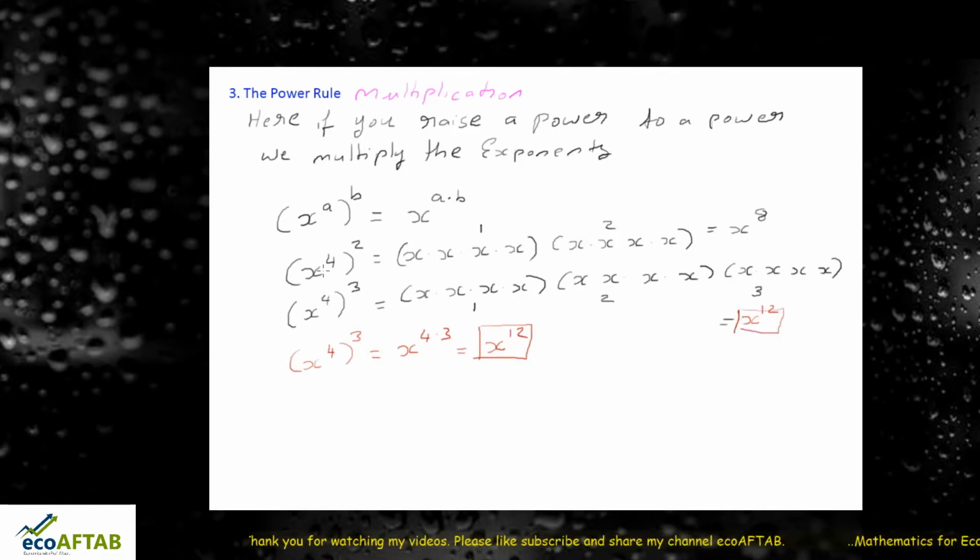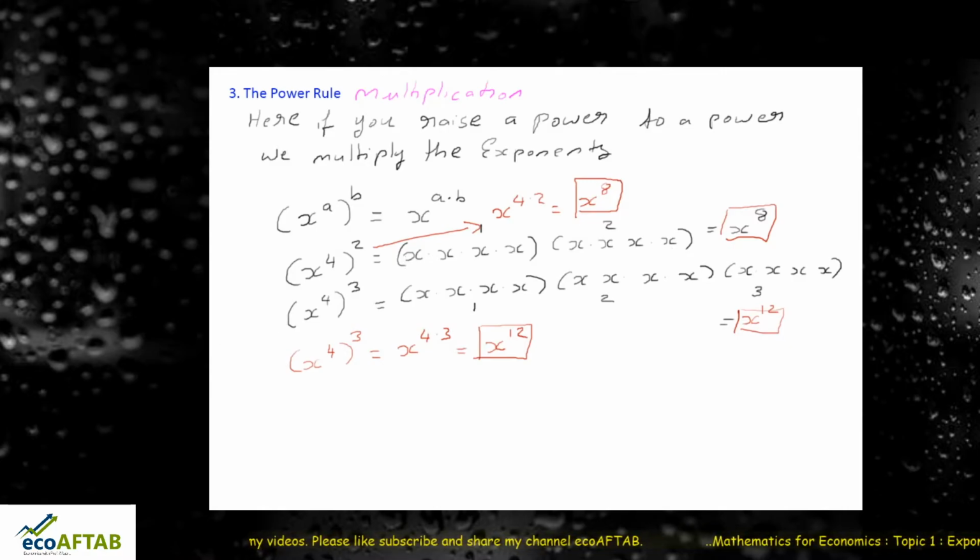In this case, x to the power 4 the whole raised to 2, it is x raised to 4 into 2, that is equal to x to the power 8. So this is same as this. So in power rule we are making use of multiplication to multiply the exponents.